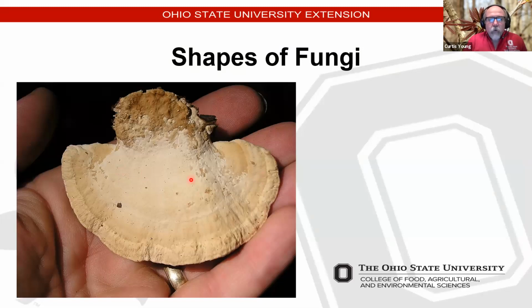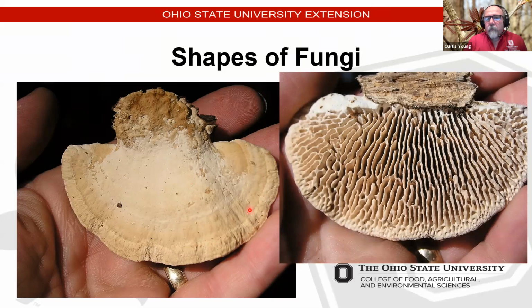Other shapes that we get with the shelf type or conch shape types of fungi. This is another woody one. It is very persistent. It will remain on the trunk of the tree that it grows on for years. This one is fairly specific to oak trees. And from above, again, it doesn't seem to be all that unique in its appearance, but when you flip it over, you'll understand where it gets its names. This looks like, if you use your imagination, a maze, a hedge maze.